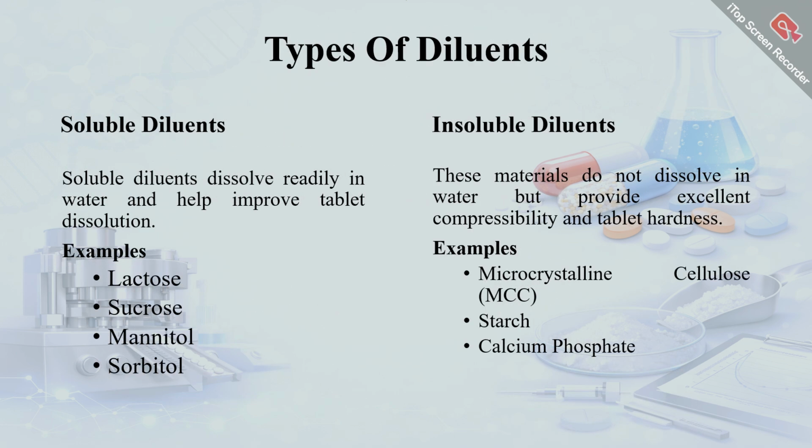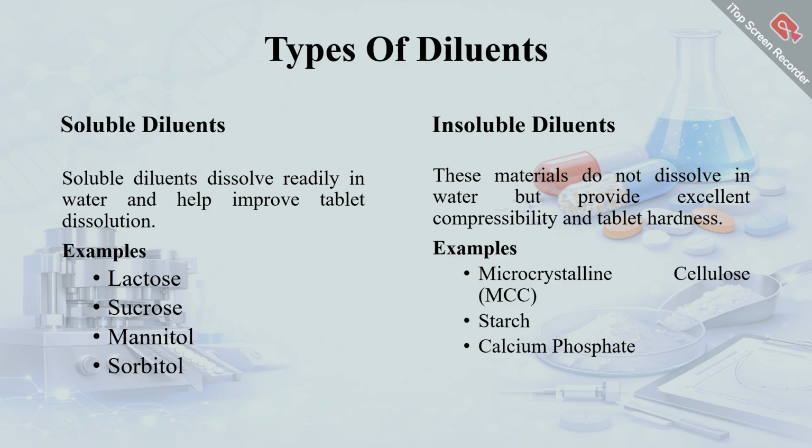Types of diluents: we have two types, soluble diluents and insoluble diluents. Soluble diluents are readily dissolved in water and they improve the tablet dissolution. Examples are lactose, sucrose, mannitol, sorbitol. Whatever tablets we are using, they all contain these types of diluents.